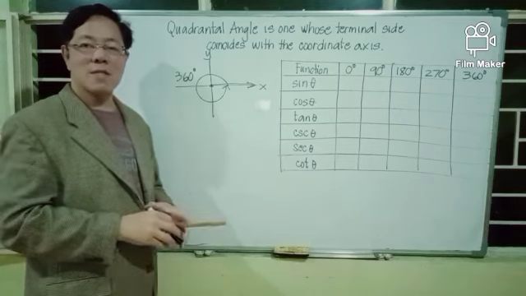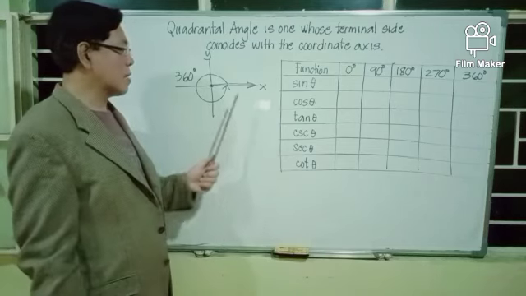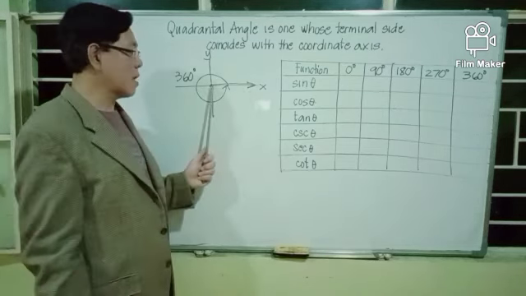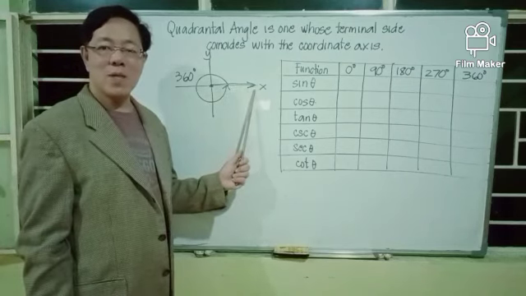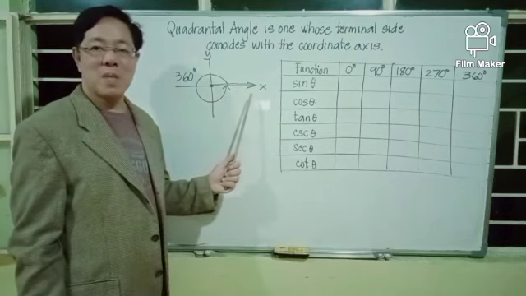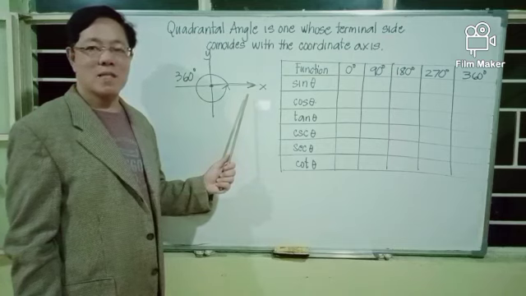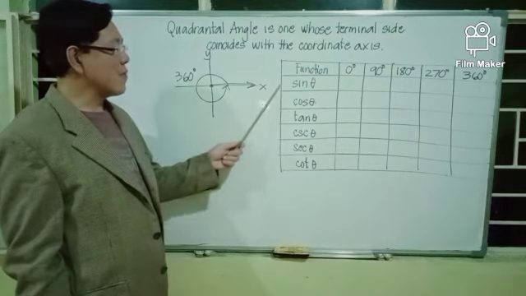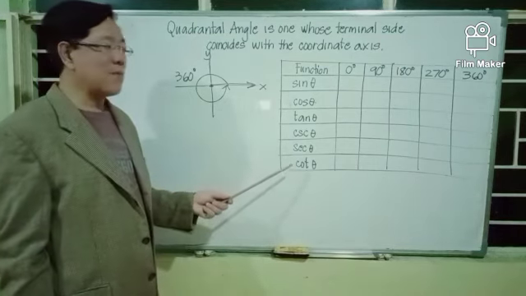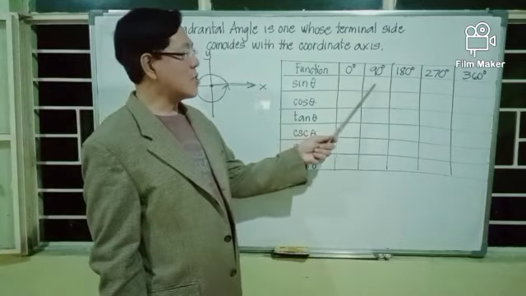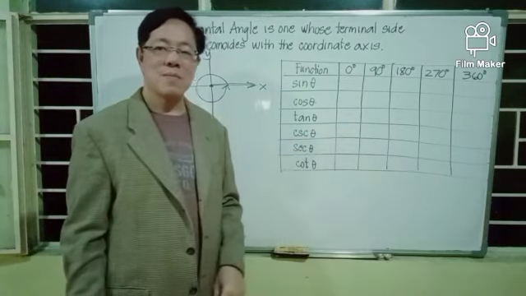Hence the 360-degree angle is a quadrantal angle because its terminal side coincides with the x-axis, or more particularly the positive x-axis. Now we will find the six trigonometric functions of each of these quadrantal angles.